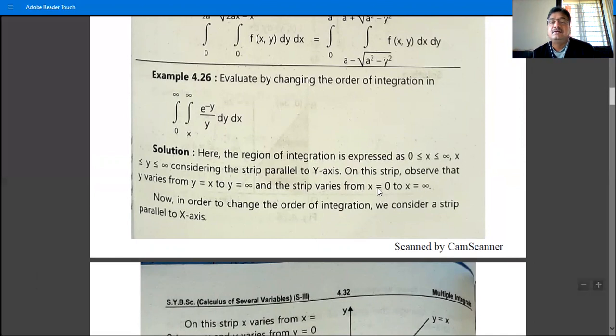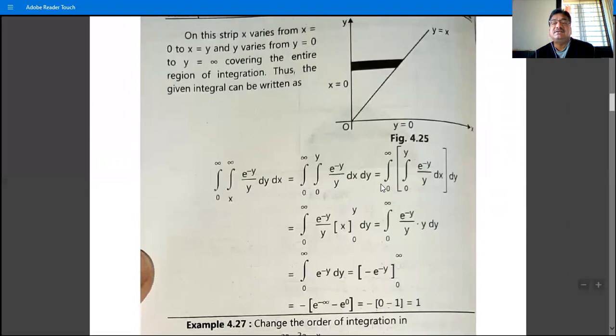If the order is not changed, the integration may become so complicated. Here, integrating e raised to minus y by y with respect to y becomes complicated, unsolvable, and that's why we change the order.